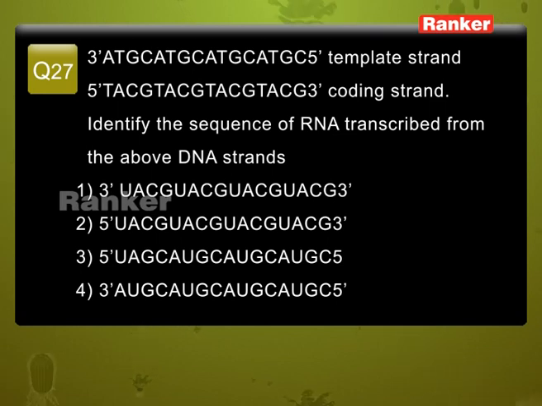Options: 1. 3' UACG UACG UACG UACG 3'. Second one, 5' UACG UACG UACG UACG 3'. Third option, 5' UAGC AUGC AUGC AUGC 5'. Fourth one, 3' AUGC AUGC AUGC AUGC 5'.